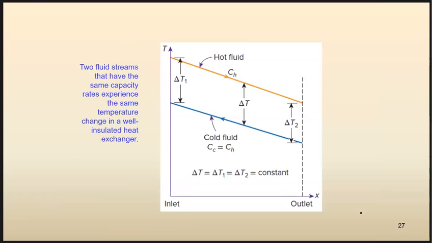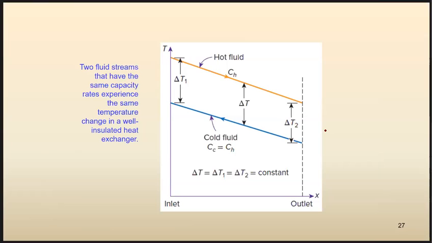So whether you have a counter flow heat exchanger or a parallel flow heat exchanger, if the heat capacity rates at the cold side and hot side are the same, the temperature difference across the heat exchanger stays the same.